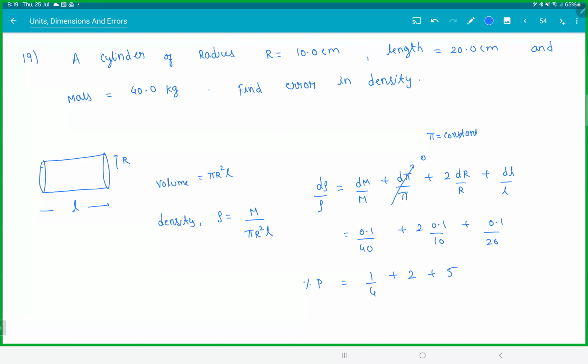That's quite big. 0.5. Yeah, that is 0.25. So that's 2.75%. Got this? Easy? Any doubts on this?